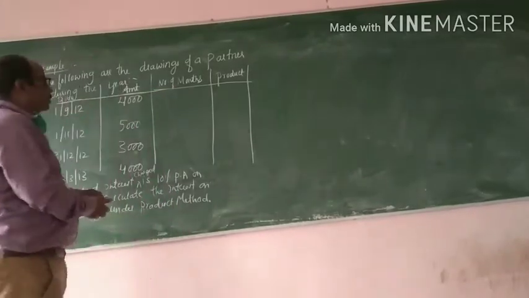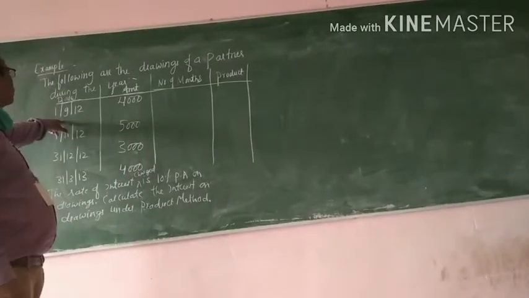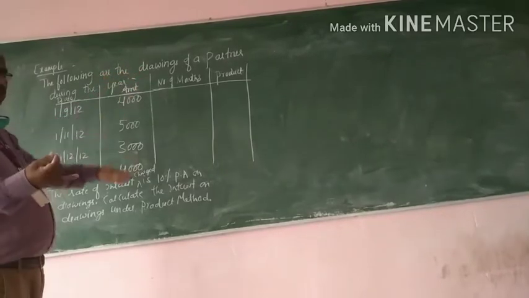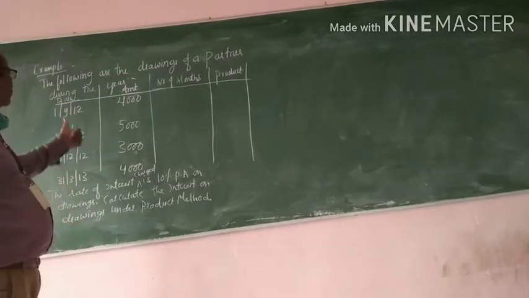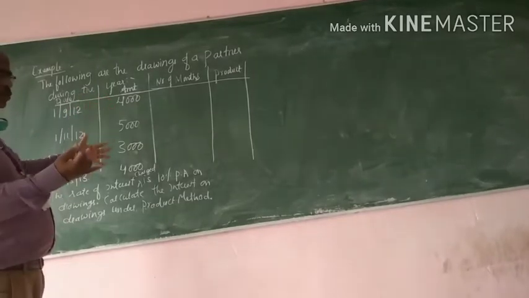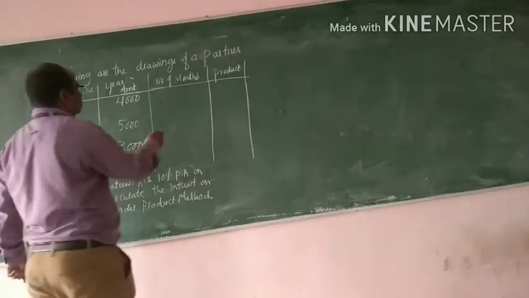So let's calculate the number of months. From 1st 9 to 3, that is 7 months.